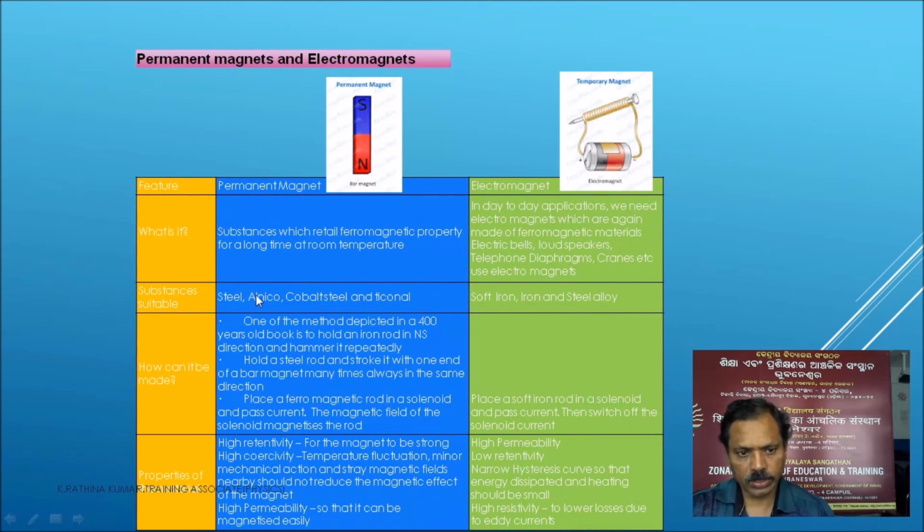Here steel, alnico, cobalt steel and ticonal are all permanent magnets. How can they be made? One method, about 400 years old, is to hold an iron rod in the north-south direction and hammer it repeatedly.